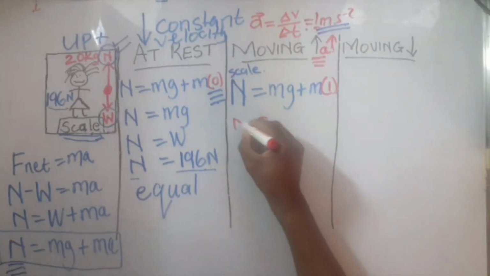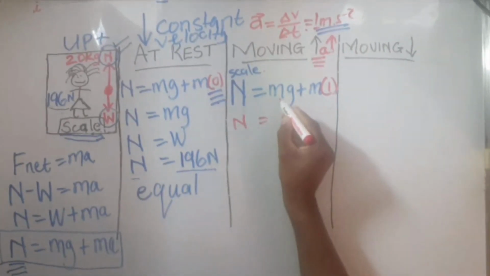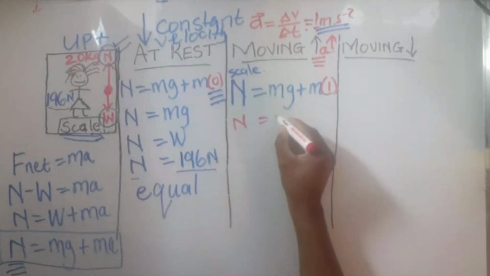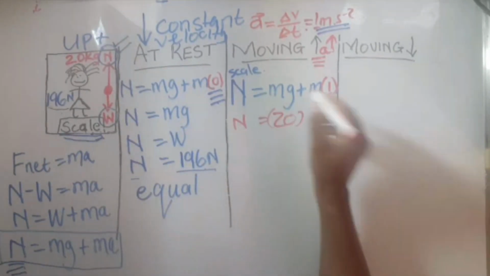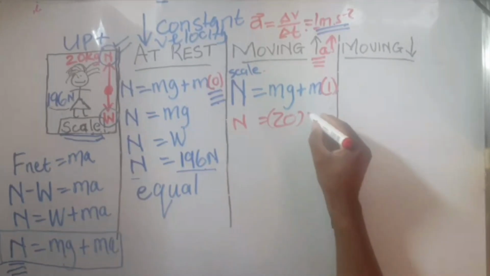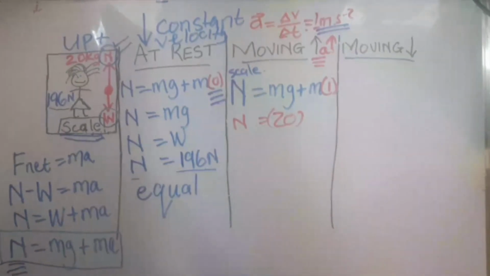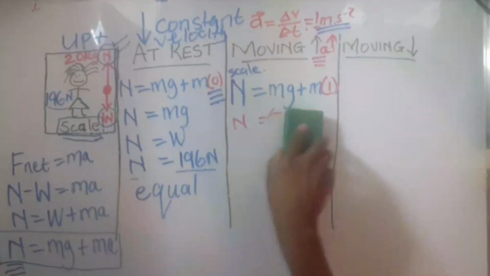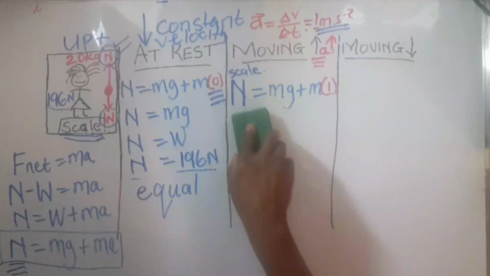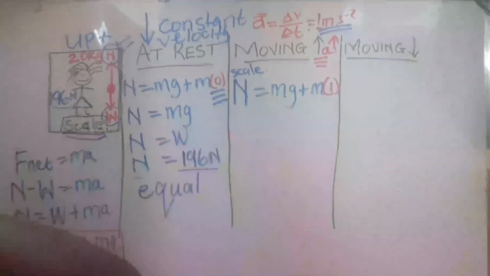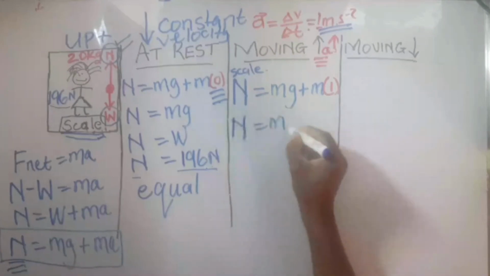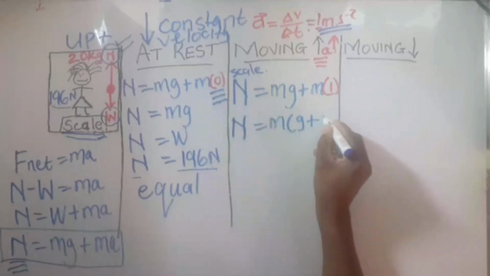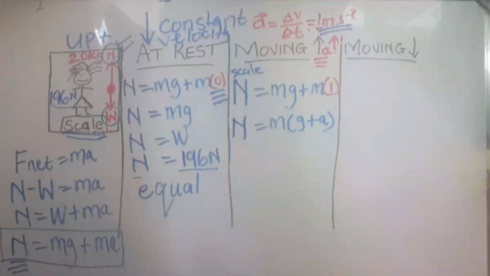So what you will have in this situation, remember we said the mass of the girl is 20 kilograms, by 9.8. For the purposes of space, let me just take out the common factor, which is the mass, because I don't have space here. So we have g plus a, just to save space.